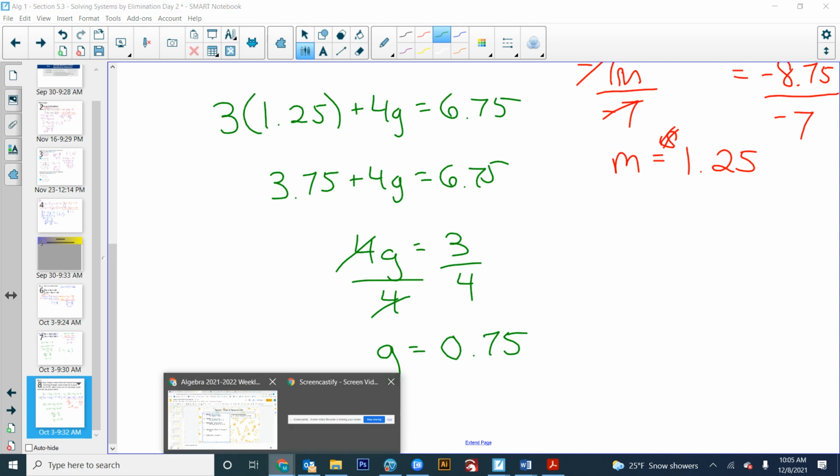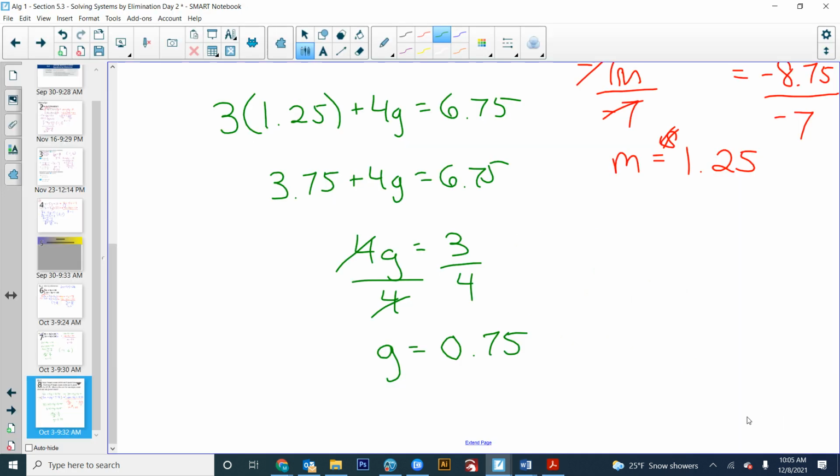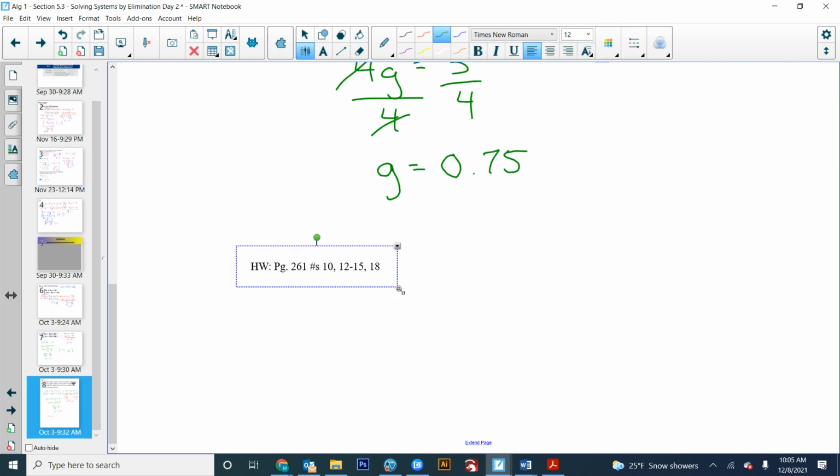Homework for tonight. Page 261. 10, 12 through 15, 18. I'm copying it right up here for you.